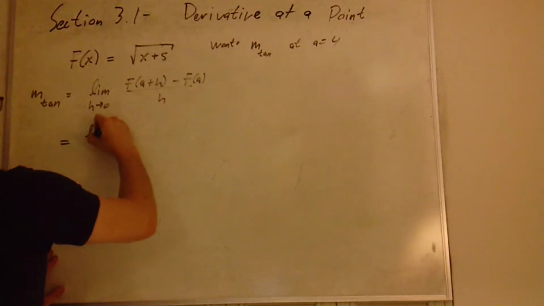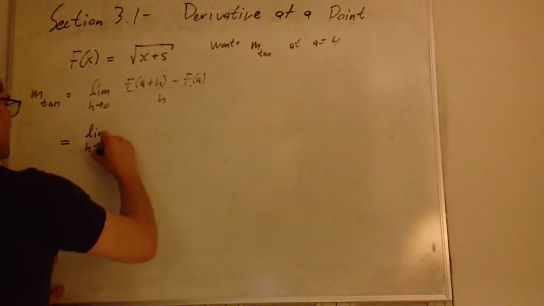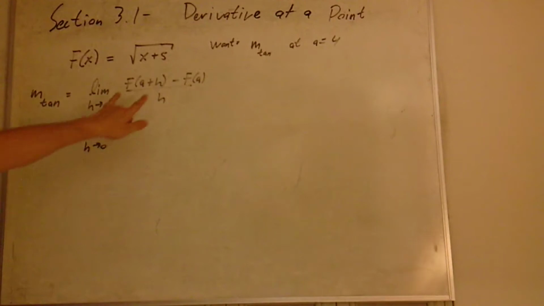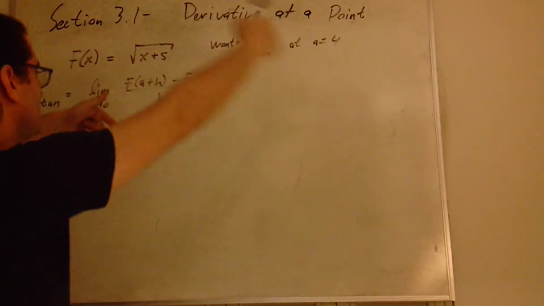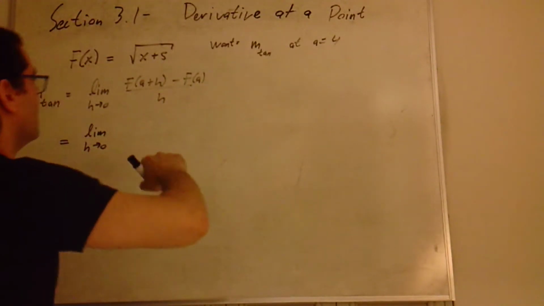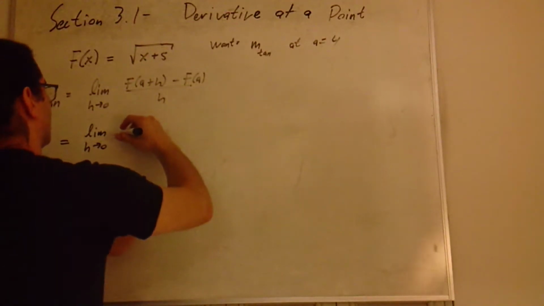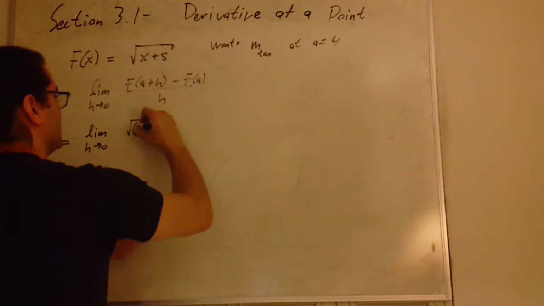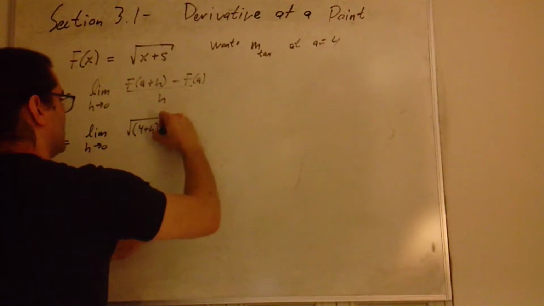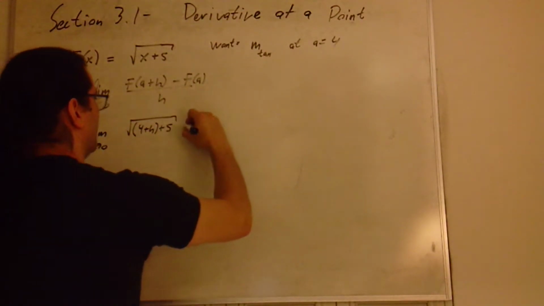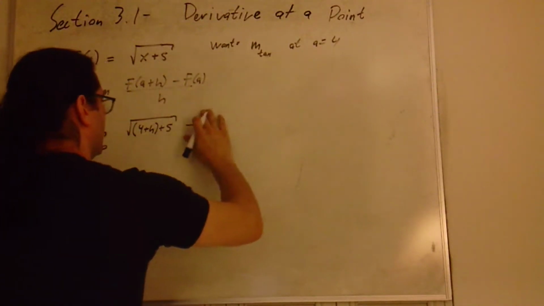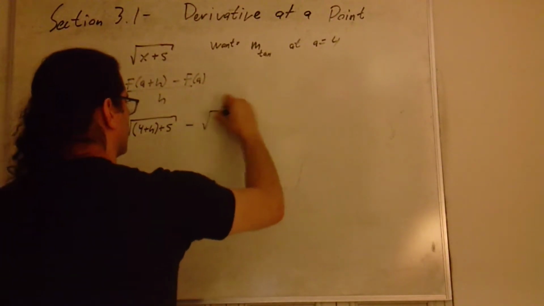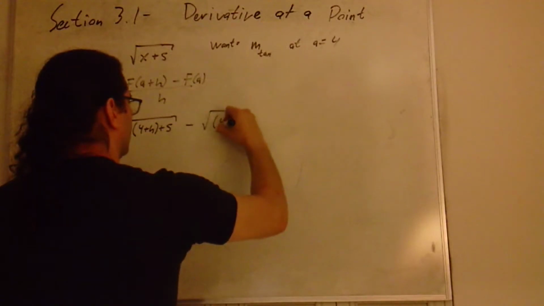Step 1, we rewrite this limit, but now we're going to plug in f and a into this business. So f means that we're going to do the square root of something plus 5. And that something is 4 plus h, plus 5, minus f of a, which should give us the square root of 4 plus 5.